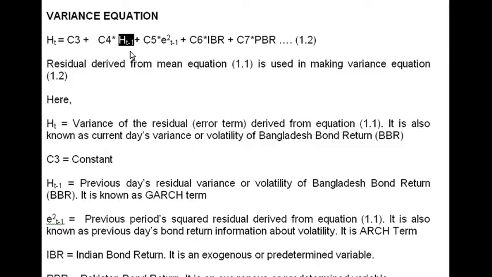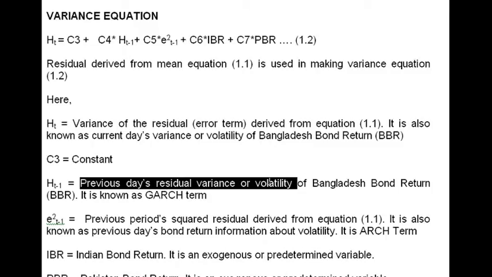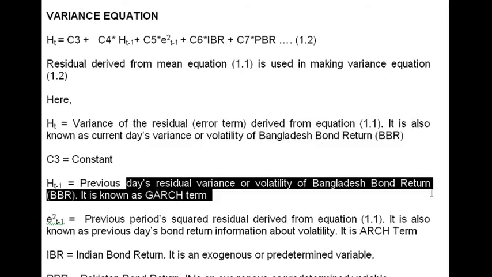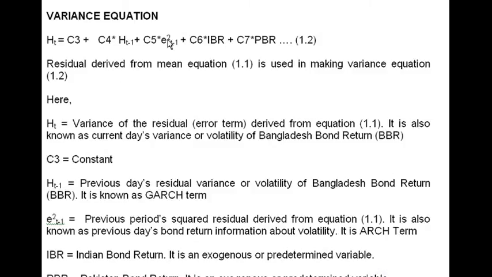Okay, here what is HT minus 1? Previous day's residual variance or volatility of Bangladesh bond return, and it is also known as the GARCH term. So what is happening here?